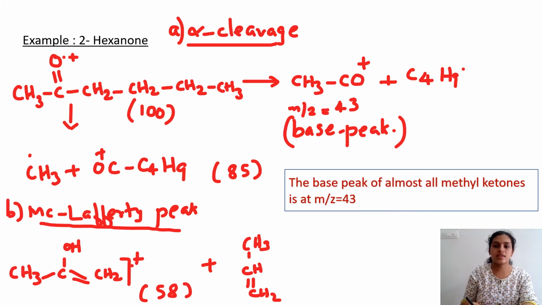I have taken the example of 2-hexanone to explain both alpha cleavage and McLafferty rearrangement. The first peak to be recorded is the molecular ion peak, which is at m/z equal to 100. From there, the base peak is obtained at m/z equal to 43, which is due to the CH3CO plus fragment.